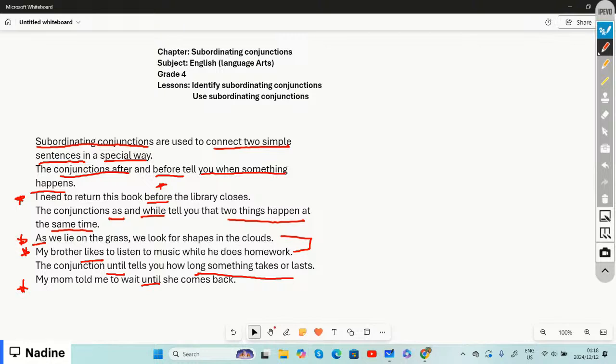All right. And this is subordinating conjunctions. We see there's a difference between subordinating conjunctions and coordinating conjunctions. Once again, a subordinating conjunction is used to connect two simple sentences in a special way. We can connect two simple sentences by using the word after or before, which tells you when something will happen.